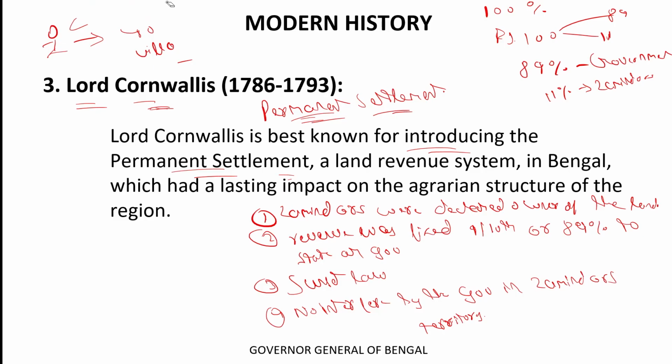Basically, a date was fixed to submit the revenue. Just suppose, for example, it is 4 September.